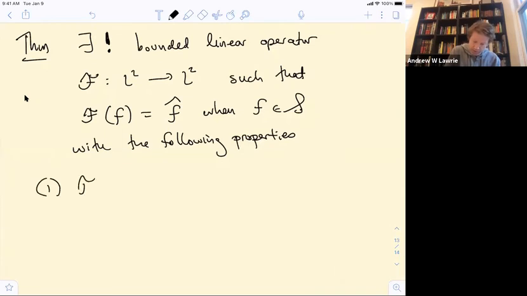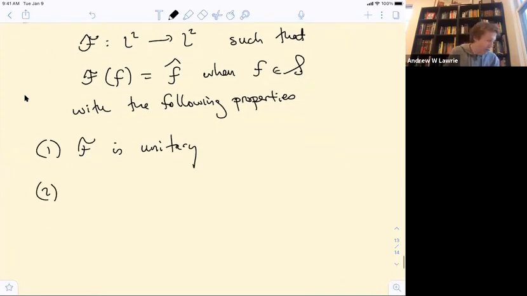One, script F is unitary. And two, I also know one other class of functions for which I can make sense of the Fourier transform: when f happens to be in L1 too.